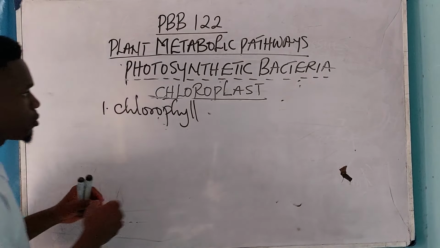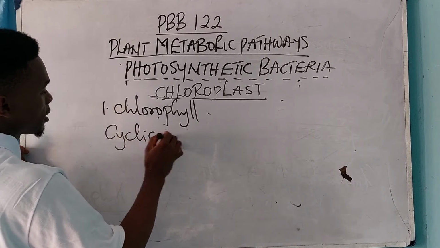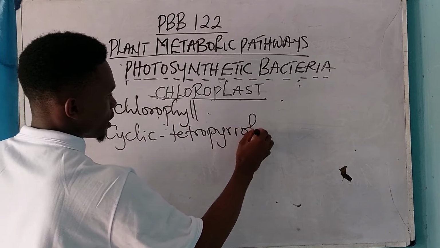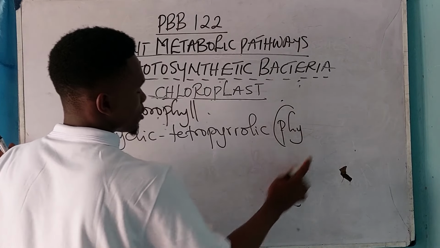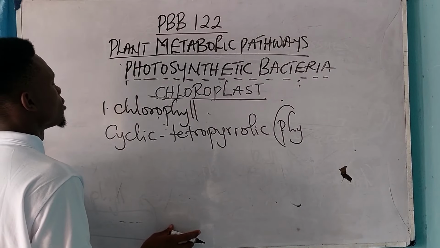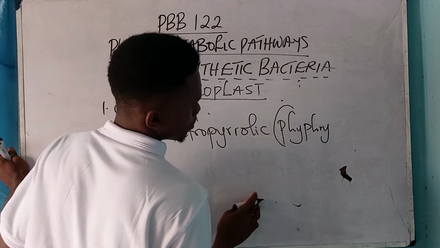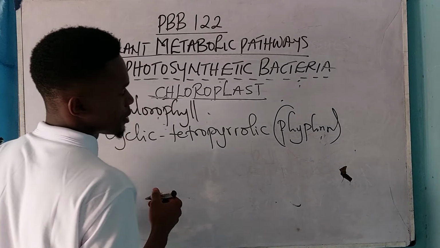Chlorophyll A and B form what is called a cyclic tetrapyrrolic structure. This structure is called what? Porphyrin.